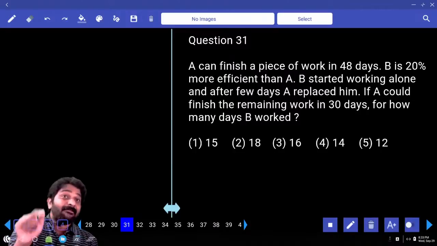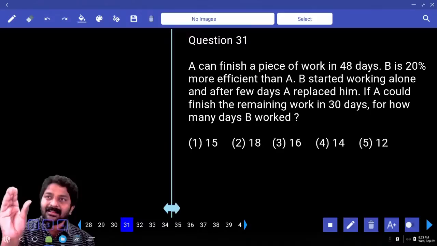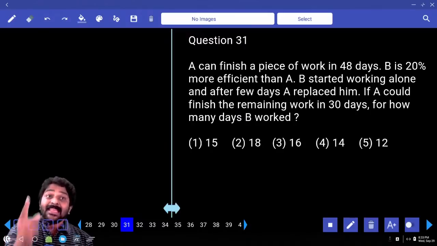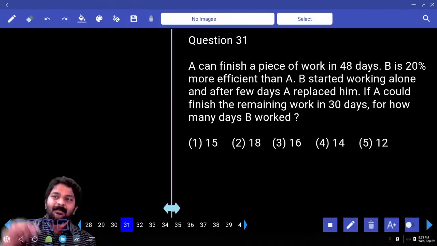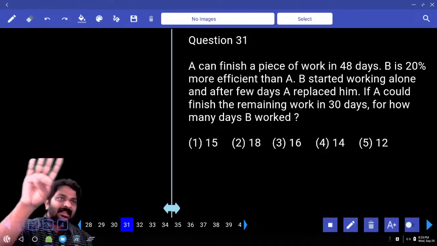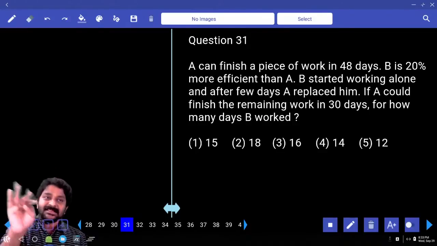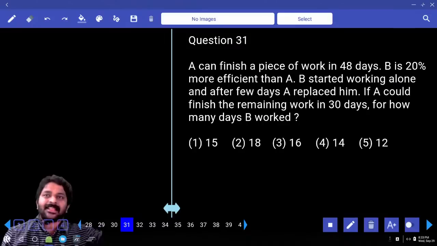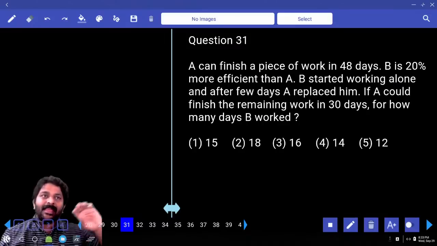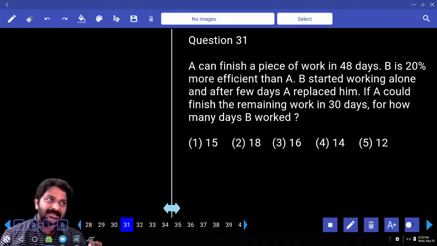That means B worked some work which A can do in 18 days. A has 48 days of work. A alone can complete the work in 48 days, but A finished the work in 30 days.